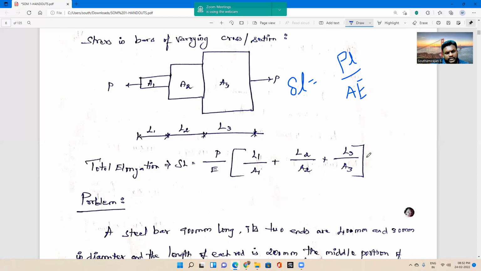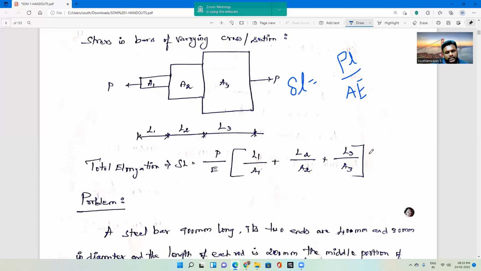So if the material properties vary, the Young's modulus value will also vary. By applying all the variations in a single formula, delta L equal to P by E into the whole of L1 by A1 plus L2 by A2 plus L3 by A3, we can find how much total elongation occurs in a material.